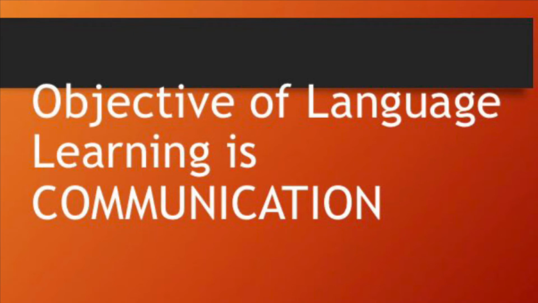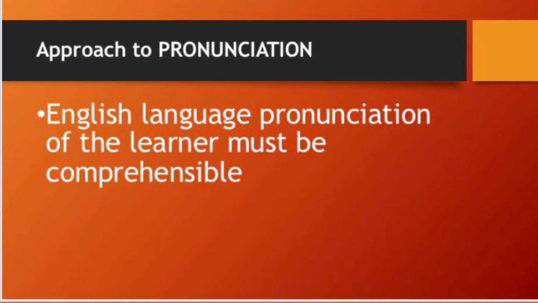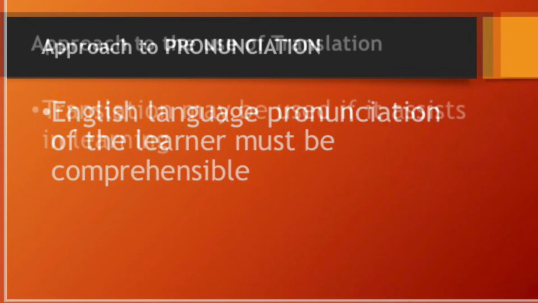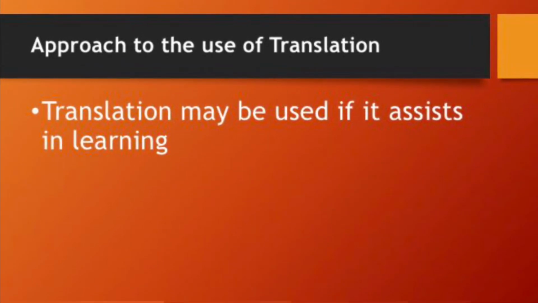The learner is encouraged to communicate, ignoring the structural inaccuracies. A controlled use of the native language of the learner may be accepted wherever possible. Comprehensible pronunciation is accepted. Translation is not prescribed, but it may be used if the learner benefits from it.